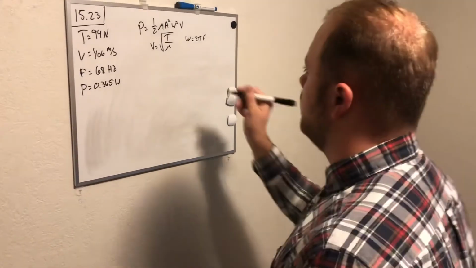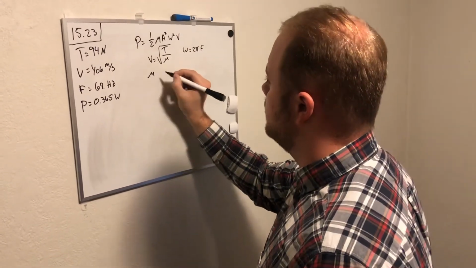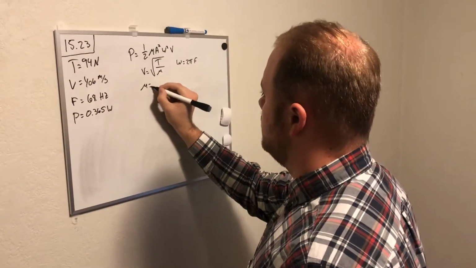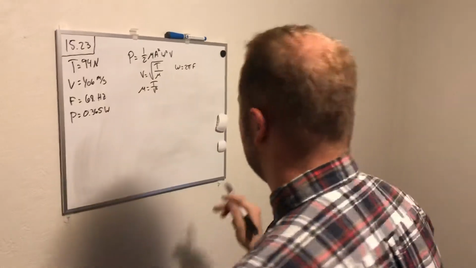So by substituting these, let's change this one up a bit. The mass per unit length is equal to T over the velocity squared.